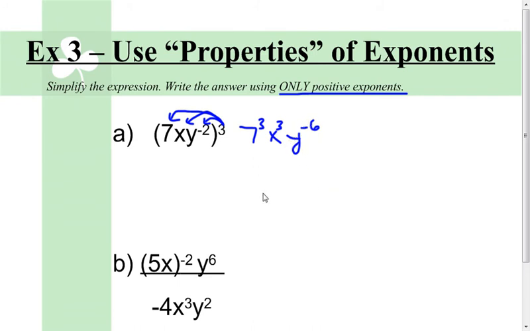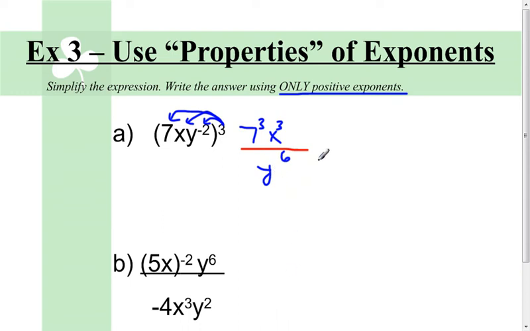So if we take it and pass it over the magic fraction bar, poof, now it has a positive exponent. Now it's y to the 6th power.